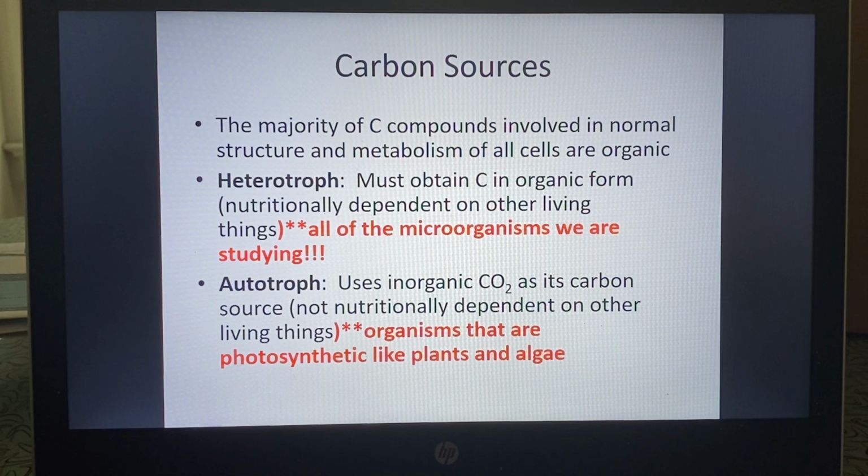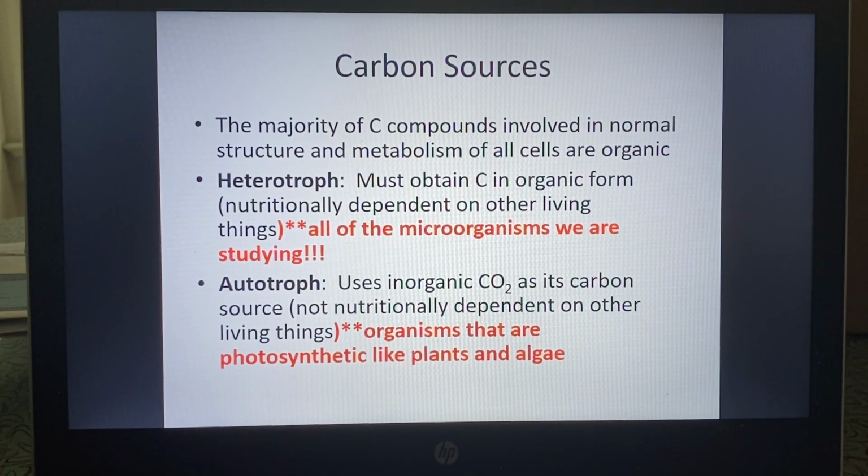So they don't need anyone, and therefore, in microorganism speak, they can't cause infections, right? Because infections are produced by organisms that grow in and on us, and that are pathogenic, and so they're basically using our nutrition, or basically eating us, to reproduce themselves, okay? So all of the organisms we're going to talk about are heterotrophs.